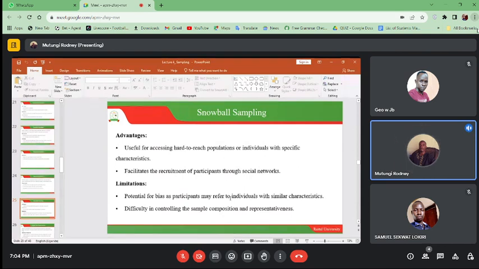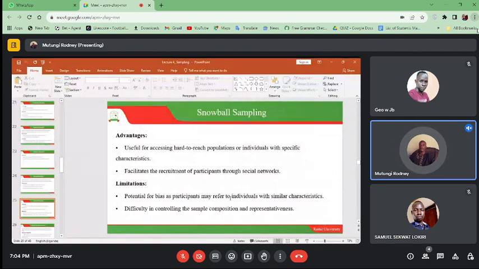So that will bring in that bias. Then there is the difficulty in controlling the sample composition, because remember, you're depending on these people who give information about the other people that you have to reach. So controlling who is in your sample or not might be very problematic.